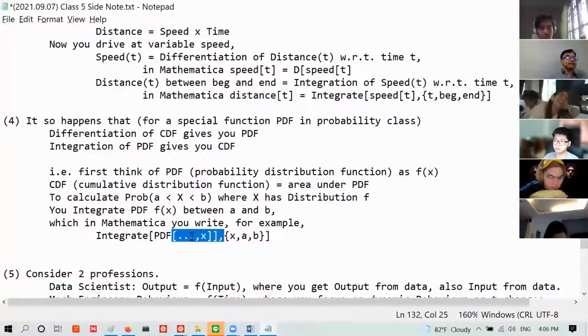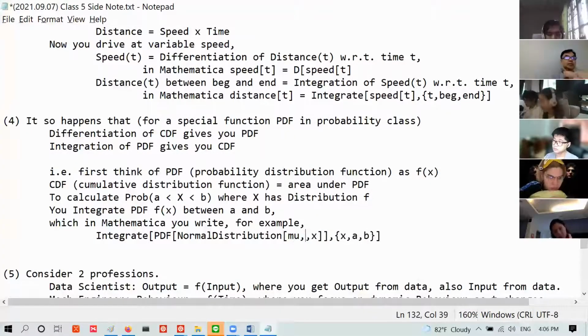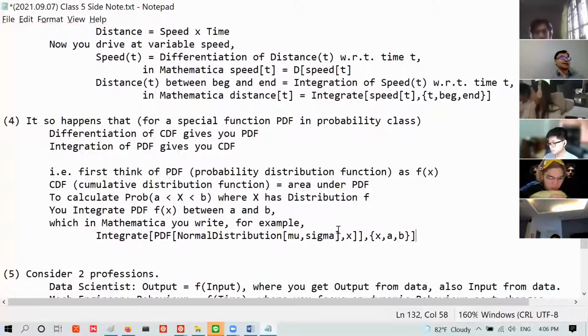Integrate the PDF, and you write something like normal distribution mu sigma, right? Something like that. Okay.